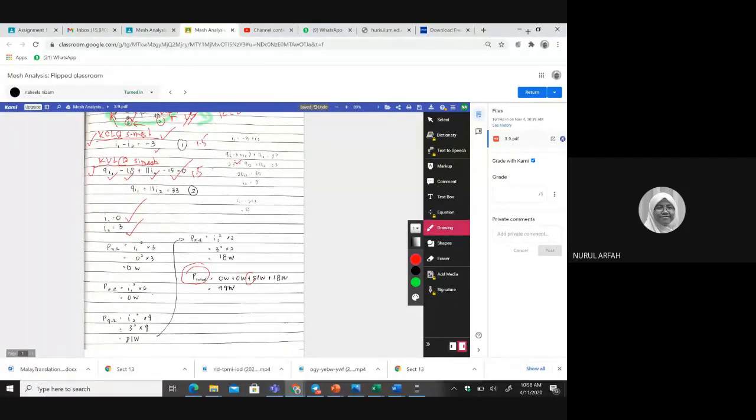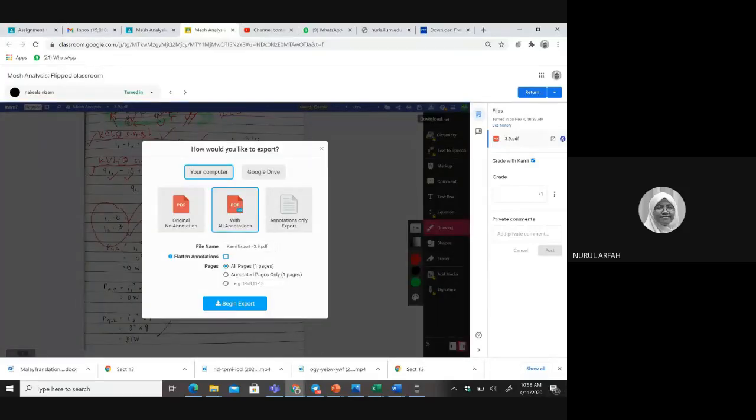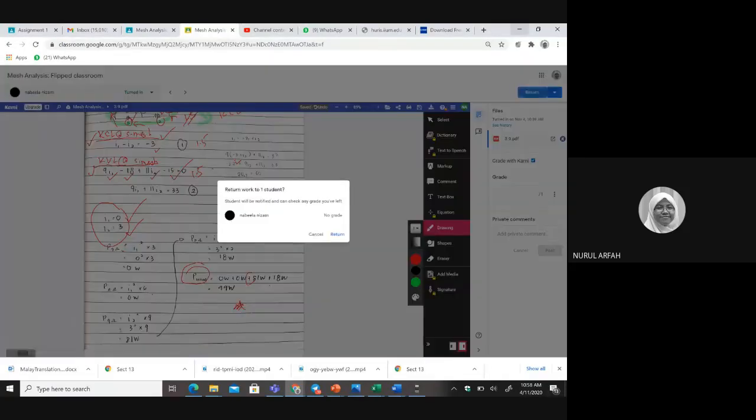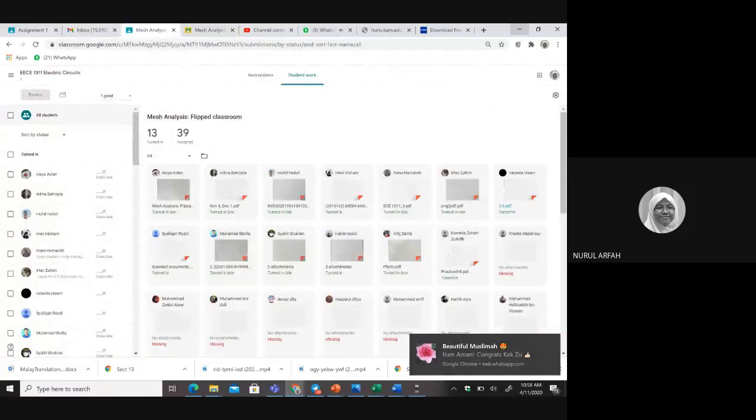One of this supposed to be in negative form, and this one positive, and then you get the total power summation equal to 0. Okay. Don't worry. This one seems okay. I will just return. And then I will go back to our next.